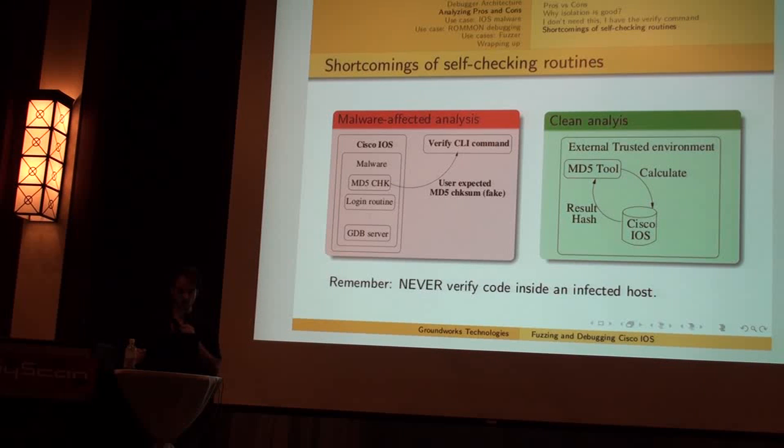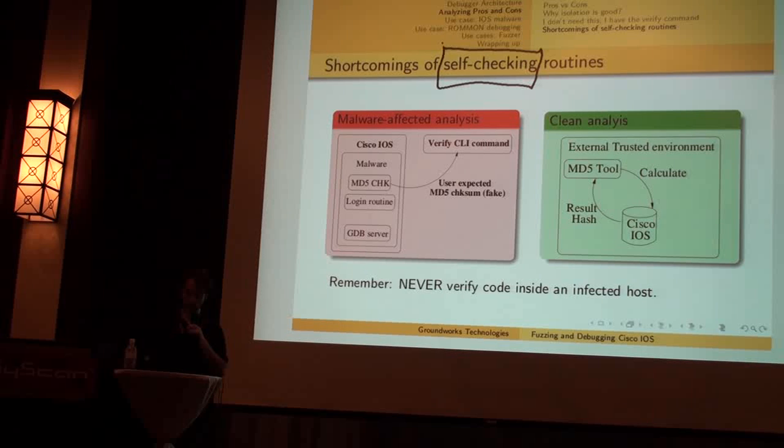Well, that is what I was saying. Even if the operating system doesn't have any isolation, it's actually impossible to have a correctly working self-checking routine that you can trust.